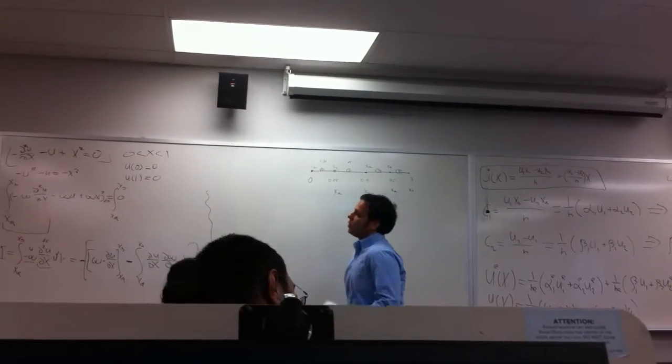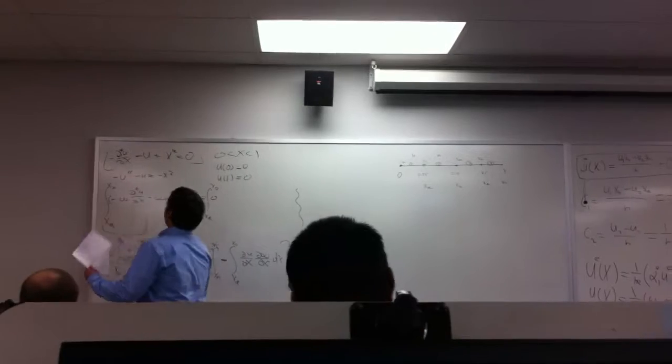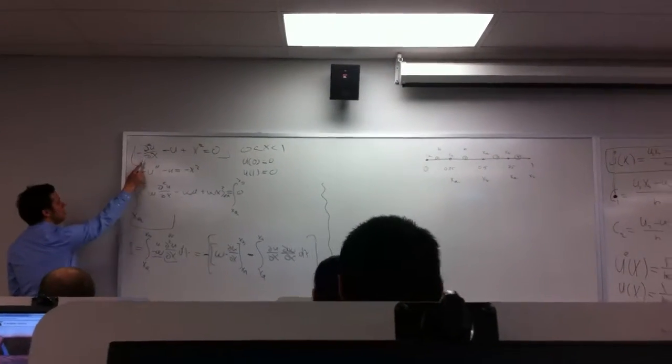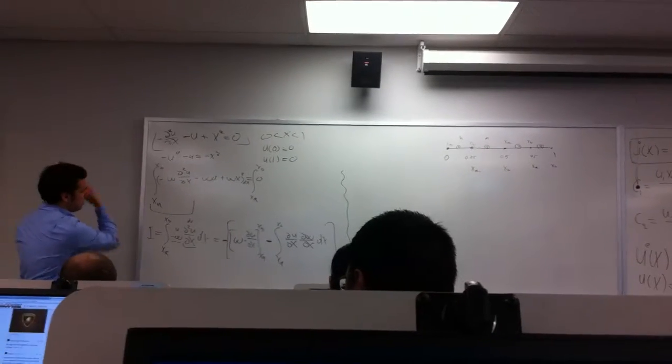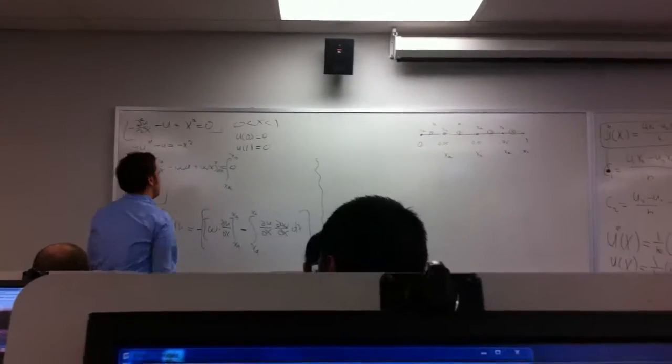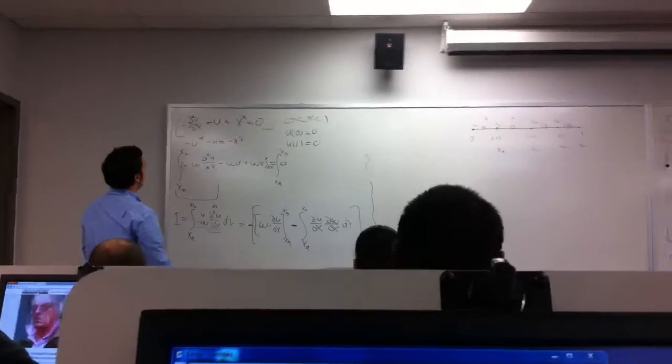All right. So here we are starting our problem again. Our differential equation, multiplying it by a weighting function W, integrating from xa to xb. Let's actually carry out this whole integration.